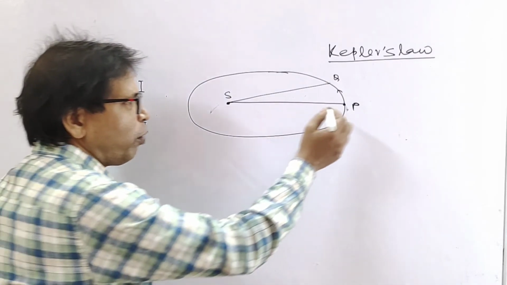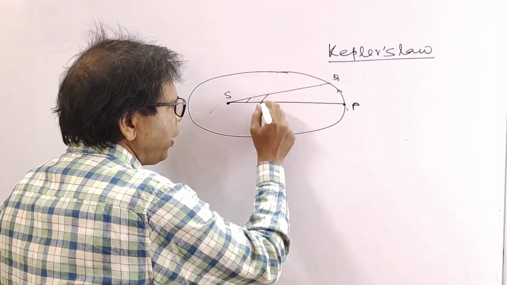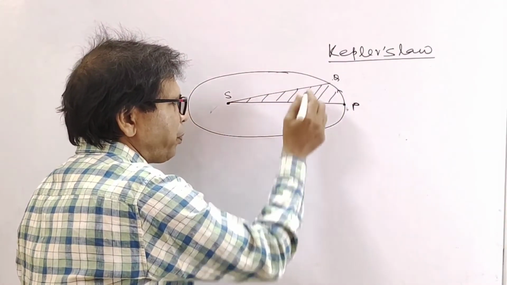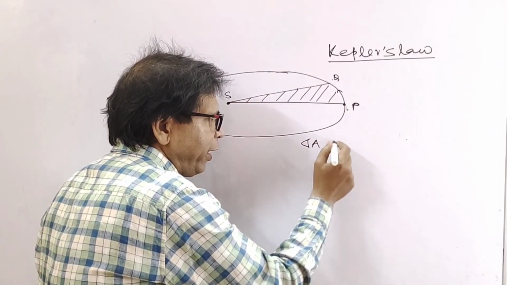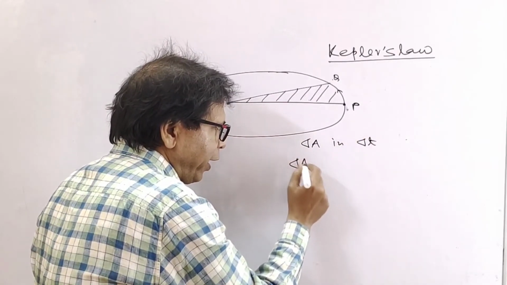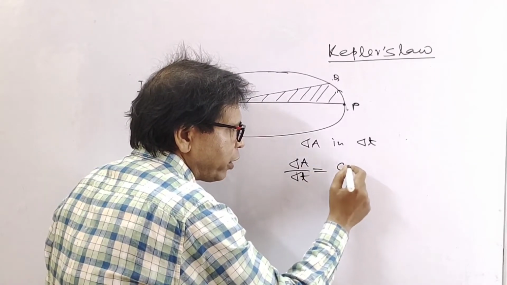Suppose a planet moves from position P to Q, so the area swept by the radius vector is this. If the area swept be delta A in time delta t, then delta A by delta t is equal to a constant.